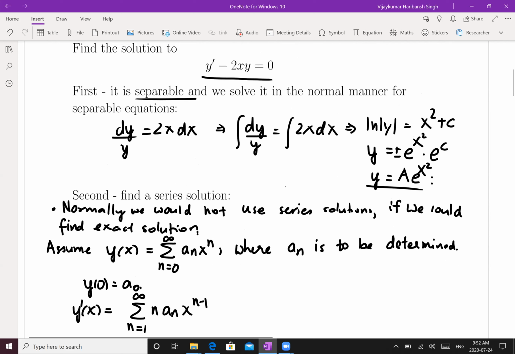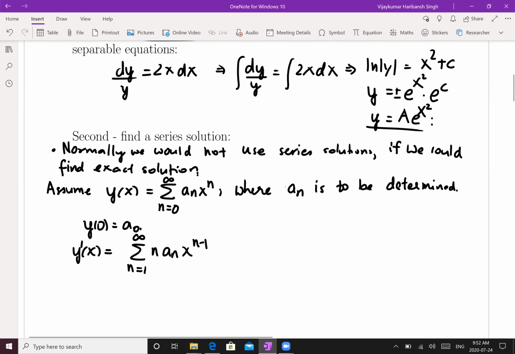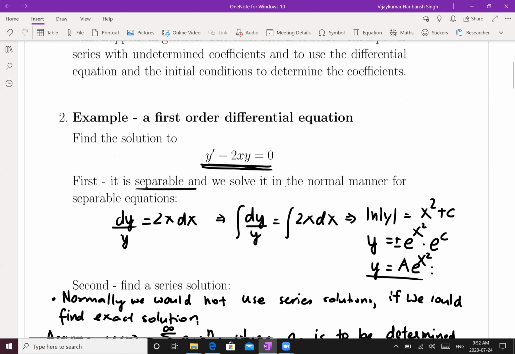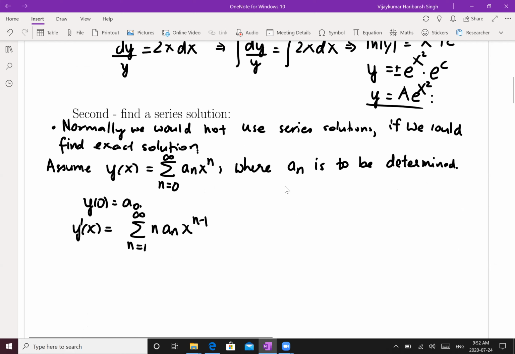Now let's take this and substitute it into the given equation.